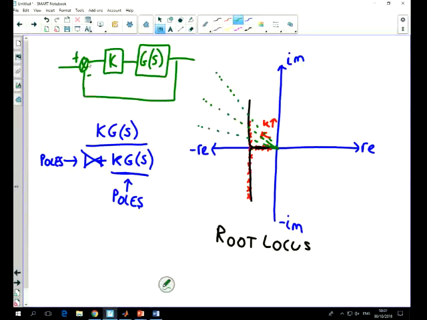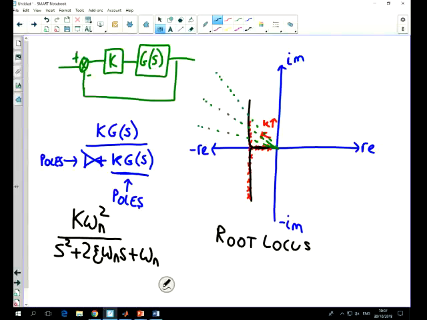If you remember your equation for a second order system, k omega n squared over s squared plus 2 zeta omega n s plus omega n squared. Hopefully you can remember what all those terms are. K is the gain.